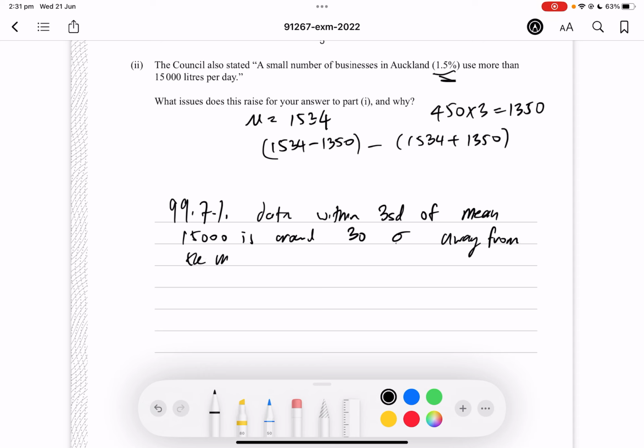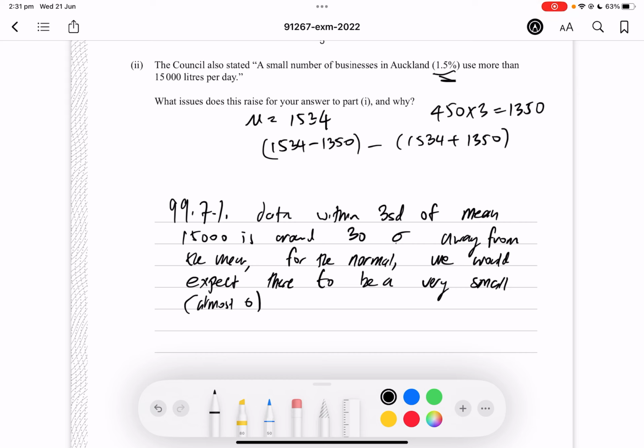For the normal distribution, we would expect a very small, almost zero, number of businesses to be using 15,000 liters per day. 1.5% is much bigger than this.